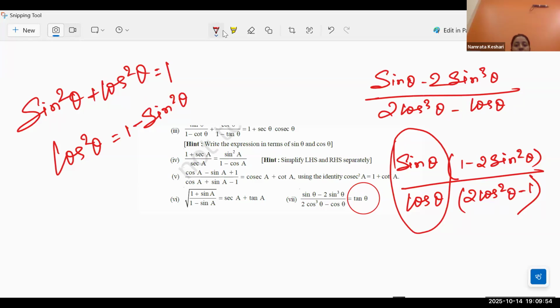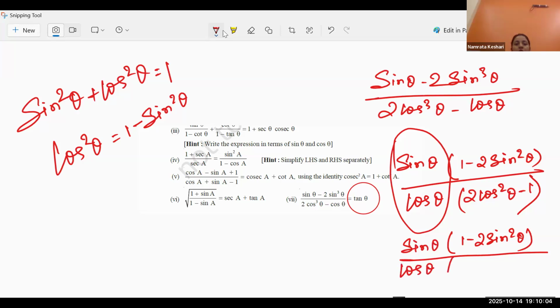The numerator as it is, of course outside the bracket sine by cos. In the denominator, the 2 I am keeping as it is. In place of cos square, I am going to write 1 minus sine square, minus 1. Let's do sine by cos as it is.